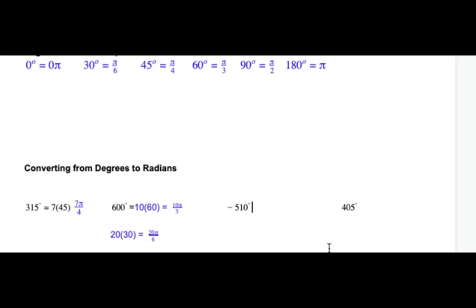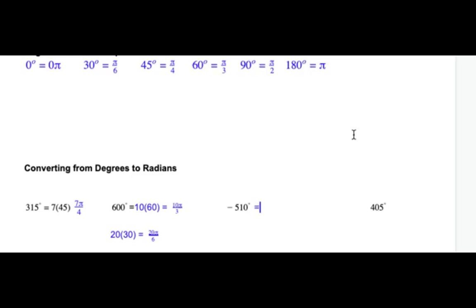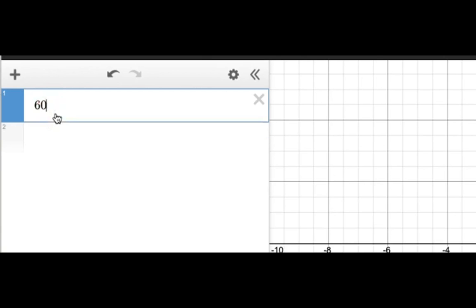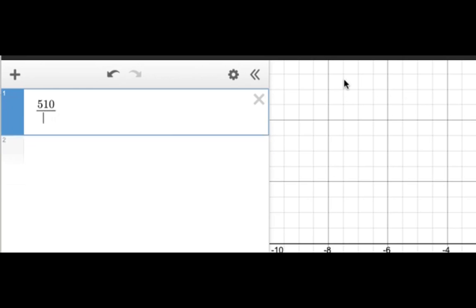All right. Next, this one is negative 510. The fact that it's negative only means that it's negative, whatever it is. So if I'm going to start with 510 degrees, I'm going to try to divide it by 30. Oh, cool, it divides by 30. I could try the rest. 45, no. 60, decimal. 90, decimal. 180, decimal. So I know the answer is 30.